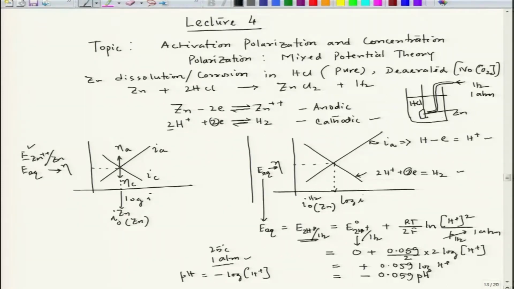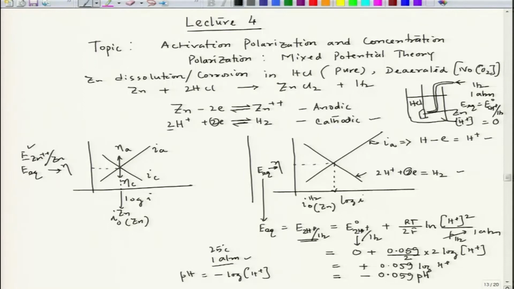We are maintaining the H plus ion concentration. If it is 1, then the pH will be 0, and at that time E equilibrium would be E 0 H plus H2, which is nothing but 0.